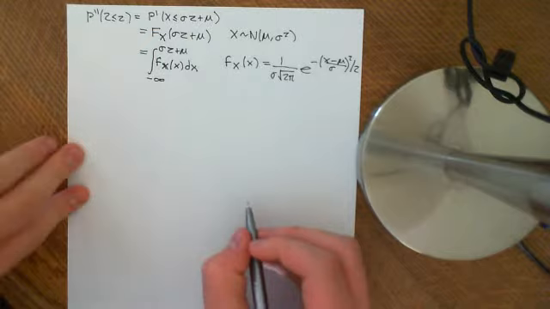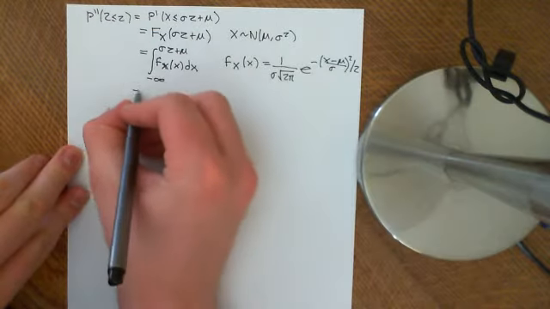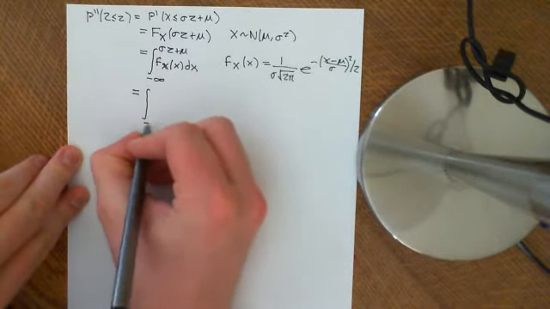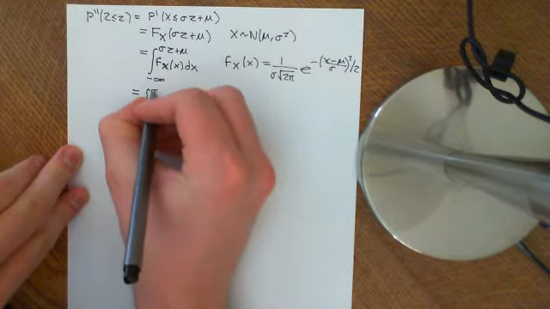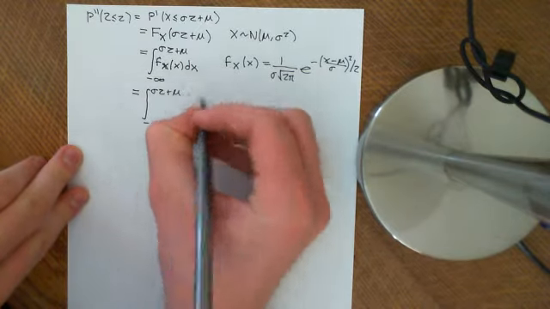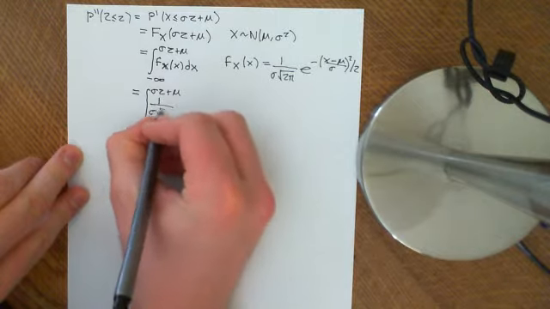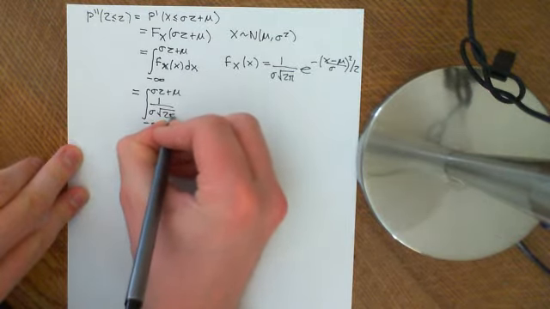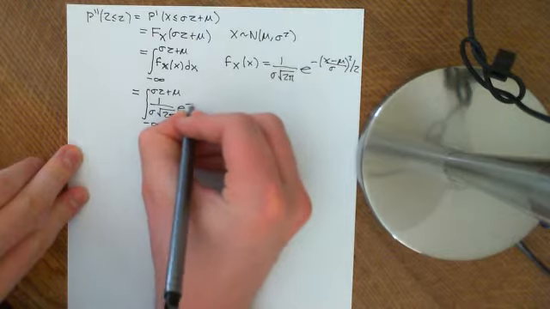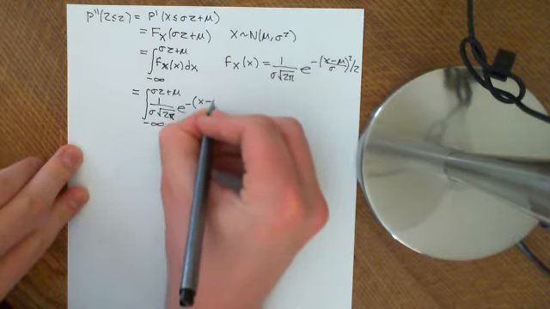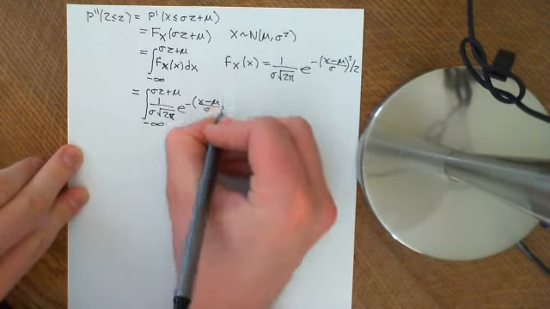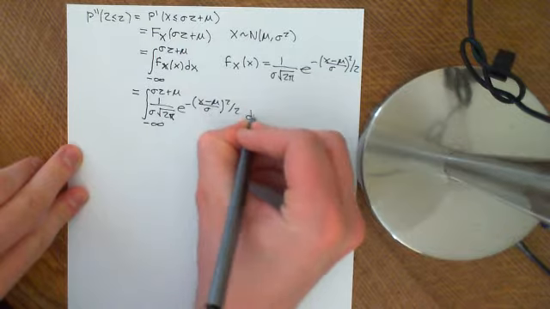Okay, so now we can stick this into this formula and we'll get that it's equal to the integral from negative infinity to sigma z plus mu of 1 divided by sigma the square root of 2 pi, e to the negative (x minus mu over sigma) squared divided by 2, dx.